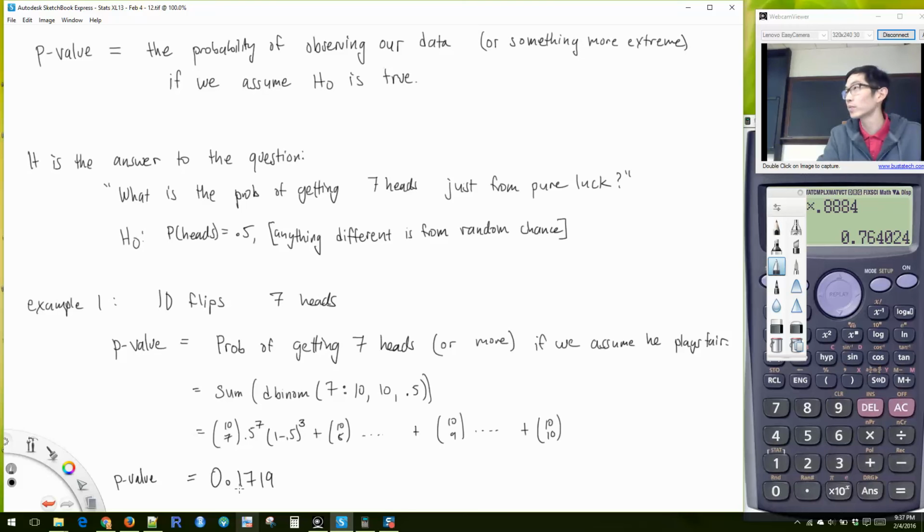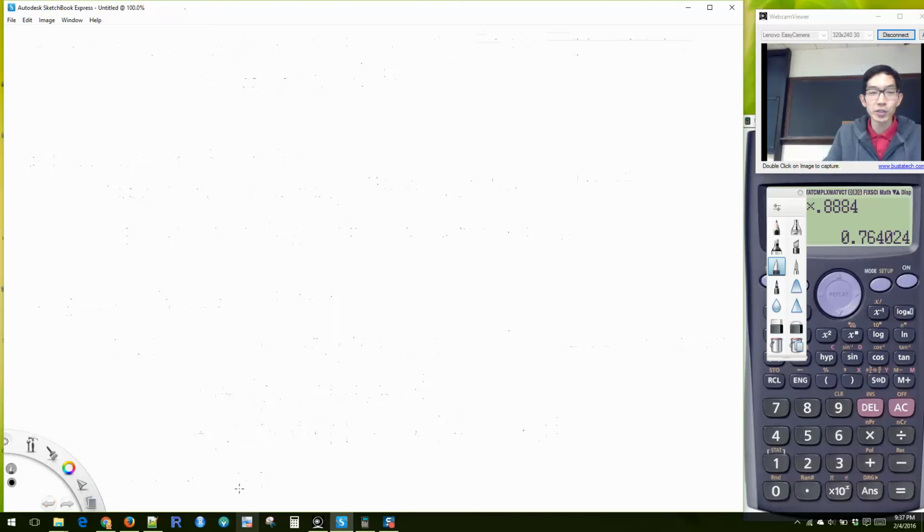Is that okay? And in the other situation, example 2, we had 100 flips, and he won 70 times. Well, I have the computer, so how would I calculate my p-value?